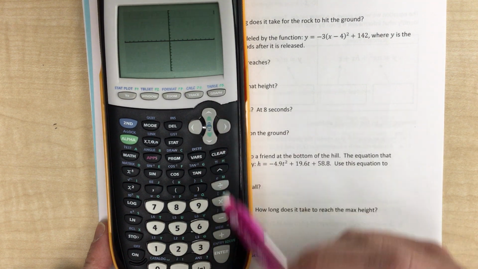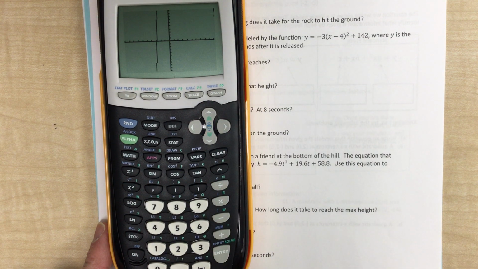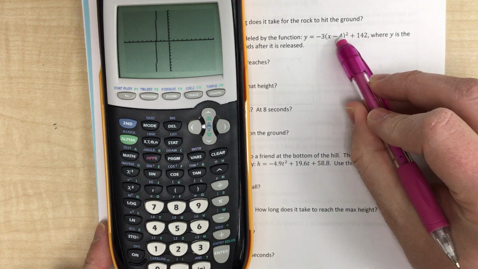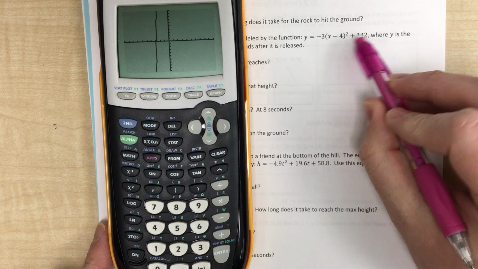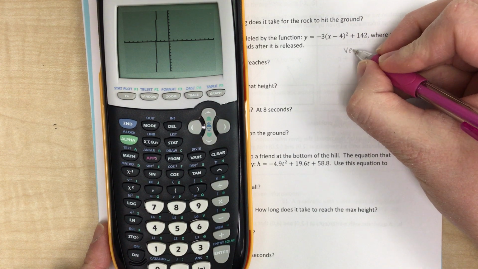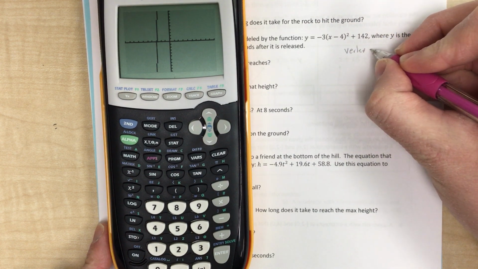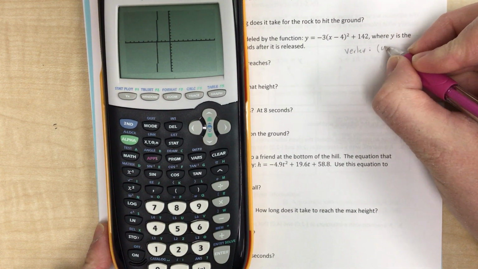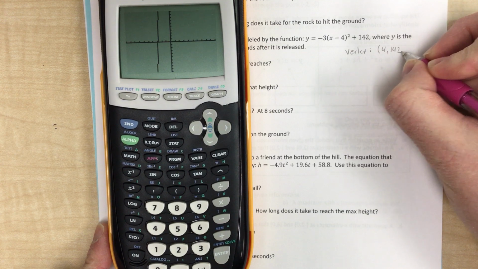And we'll push graph, and you'll see that we can't see very much of it at all. The reason why is this is vertex form, and this is our vertex. So without doing any work, we could just say our vertex is (4, 142).